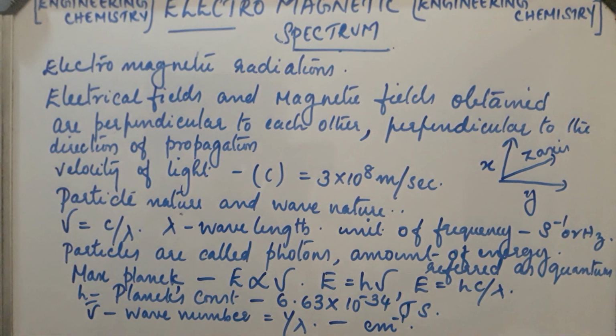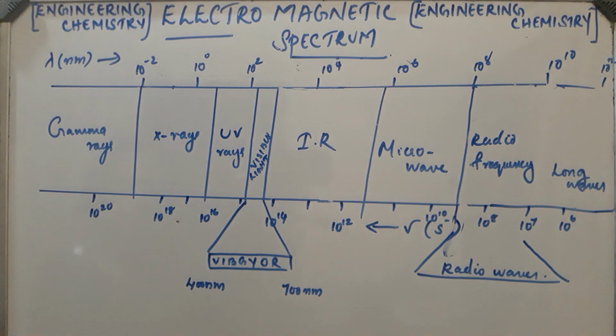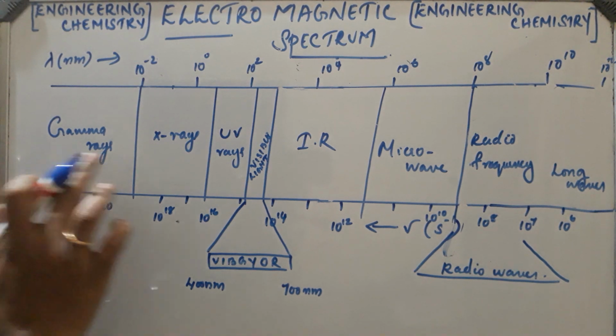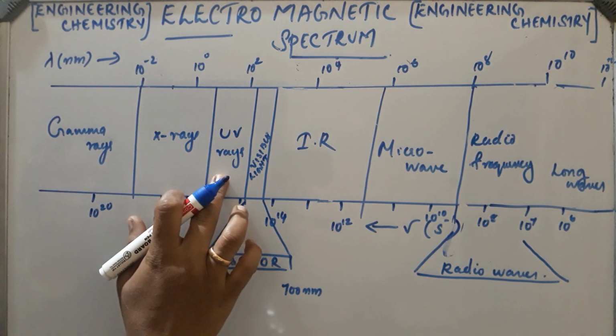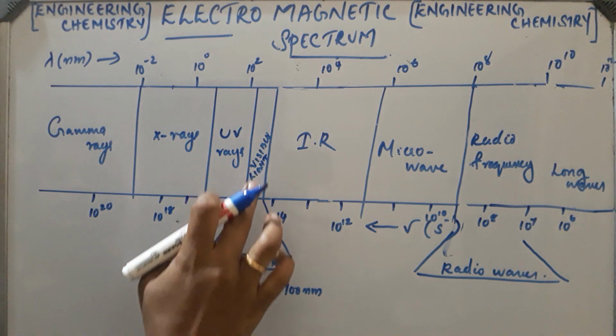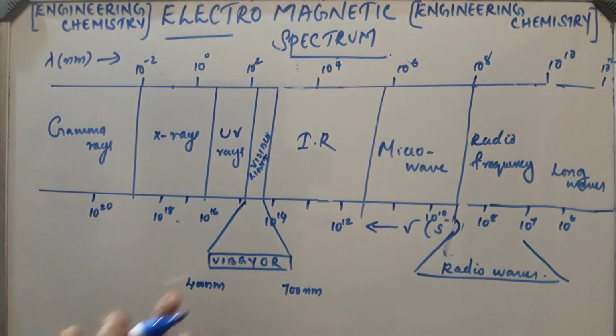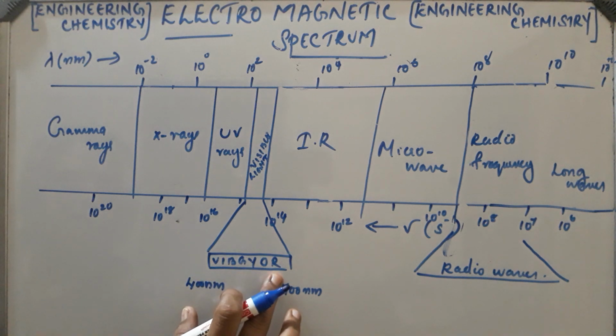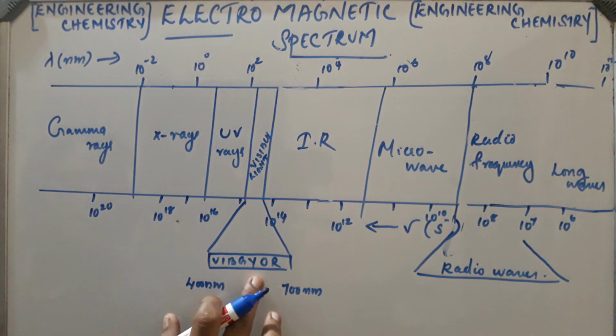So this is the electromagnetic spectrum. The different electromagnetic radiations present in the spectrum are, first, gamma rays, X-rays, UV rays, then visible light. This is the place where we can see different colors, that is VIBGYOR, from violet to red: violet, indigo, blue, green, yellow, orange, red.